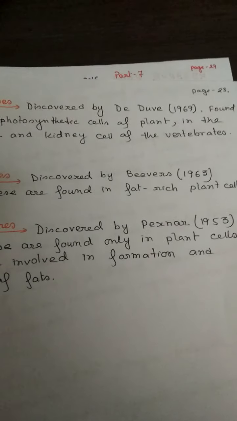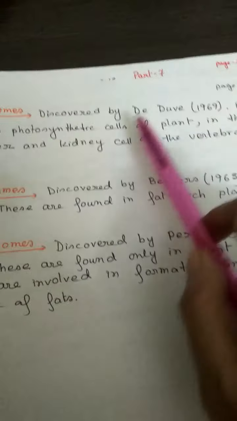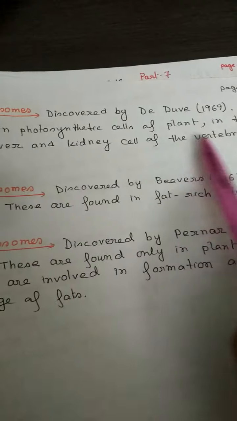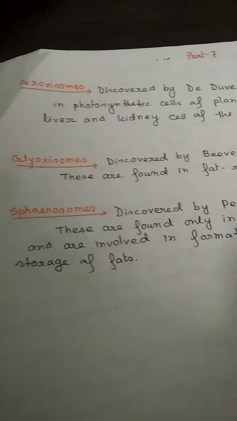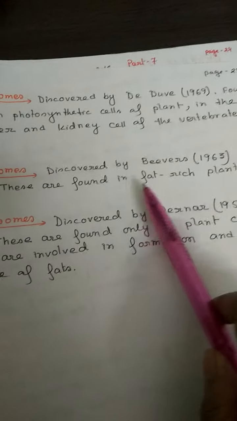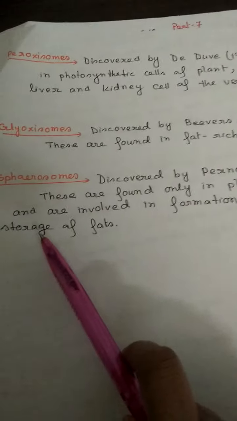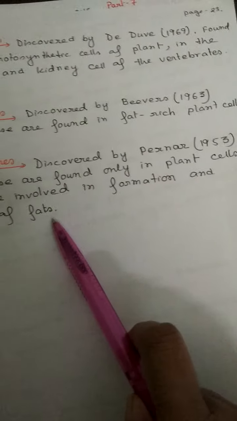The first is found in the photosynthetic cells of plants or in the liver and kidney of vertebrates. The next is found in fat-rich plant cells. And the last is found only in plant cells and is involved in the formation and storage of fats.